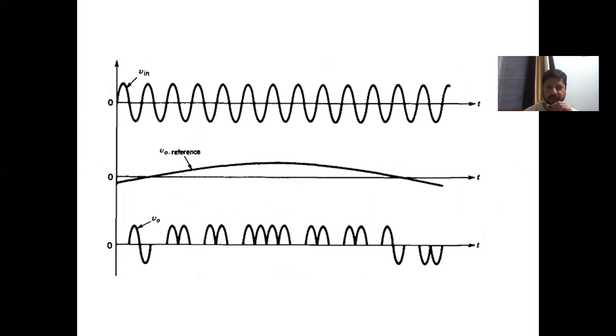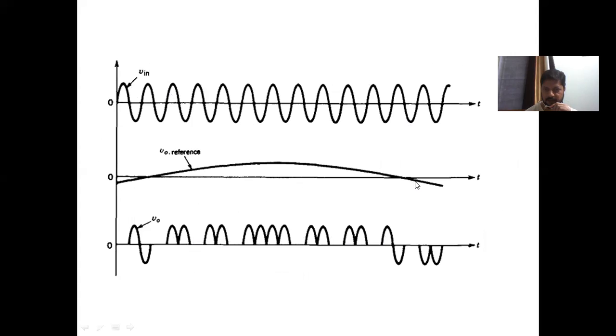So this concept can be used, for example, in synthesizing this type of waveform. This is the input voltage, which is a high frequency AC waveform. This is the reference output voltage. Now, when the reference output voltage is positive, as you can see, the switches are controlled in such a manner that the output voltage is positive.